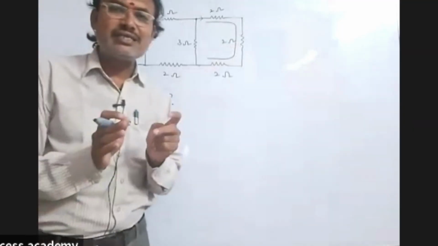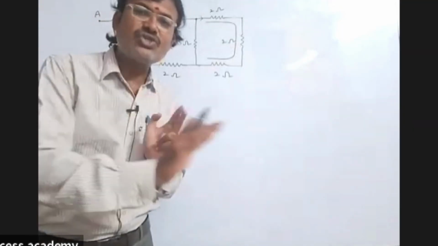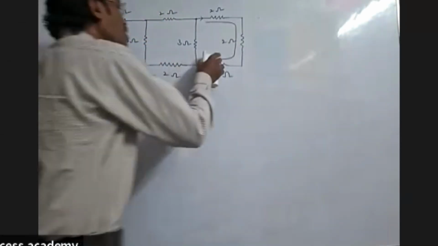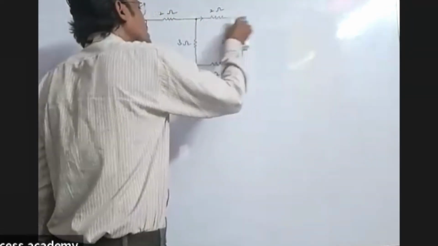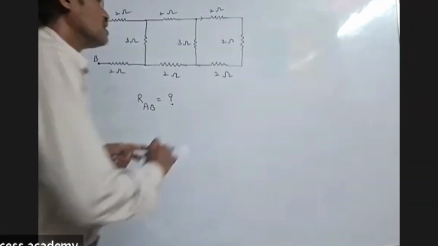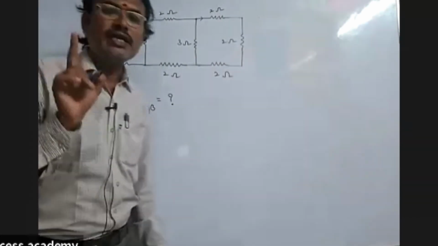If the current is the same in the resistors, then we say those resistors are in series combination. Why? Because in series combination, the current remains the same.